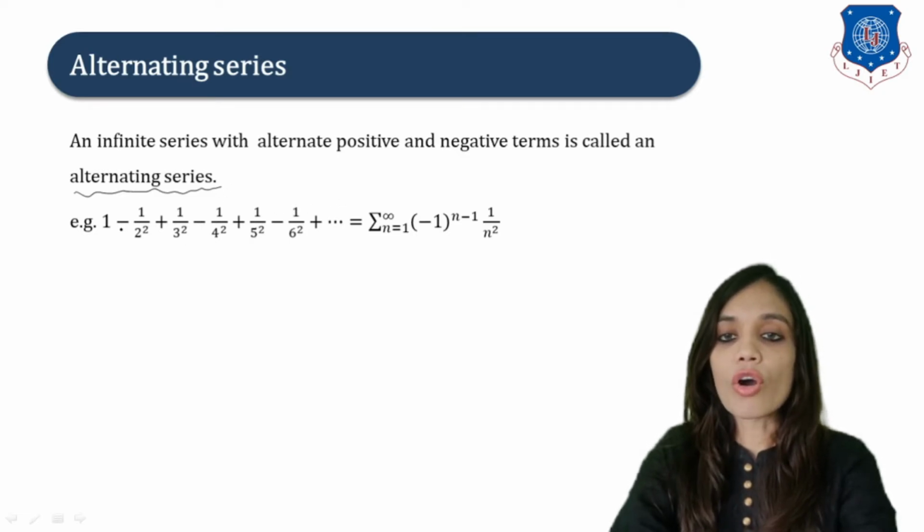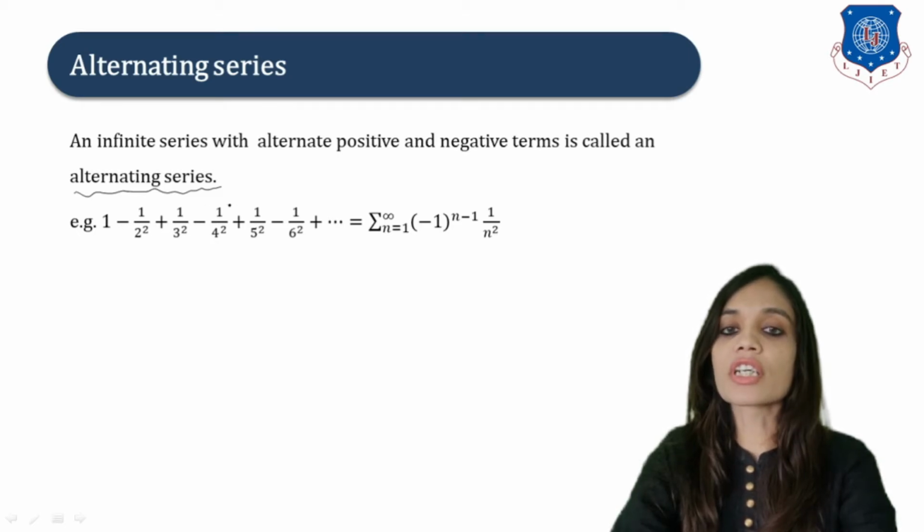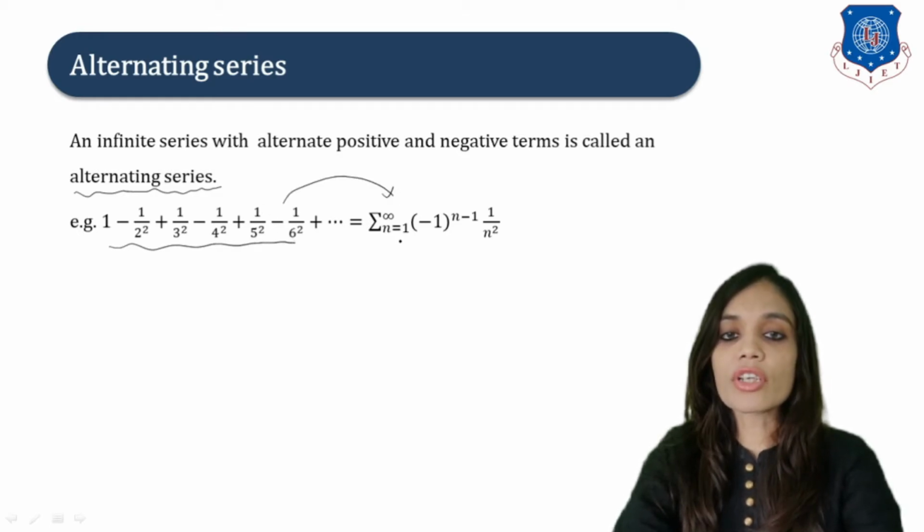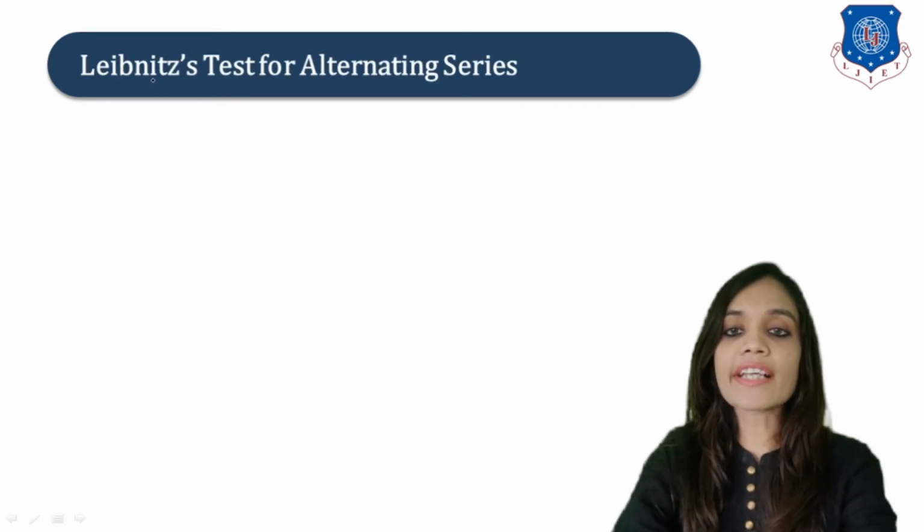Here you can see alternate negative and positive terms, right? So this series is an alternating series. You can write it in the form summation n equal to 1 to infinity minus 1 raised to n minus 1 upon n square, right? So for this type of series, we will use our next test, that is Leibniz test.